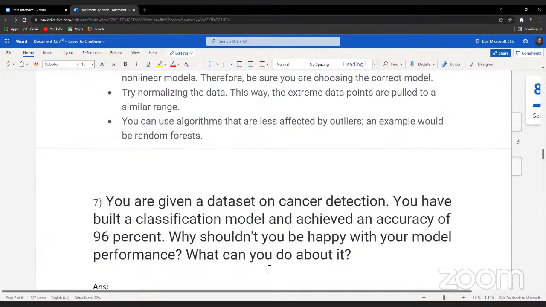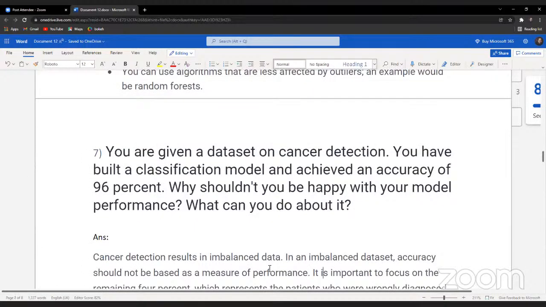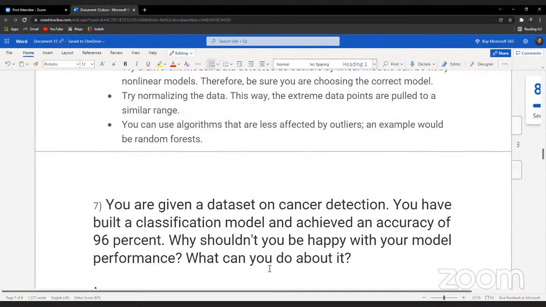Jumping into the next question, this is an interview question. I searched it online. It is an asked question. The question is, you have been given a dataset on cancer detection. You have built a classification model and achieved an accuracy of 96% on this model.